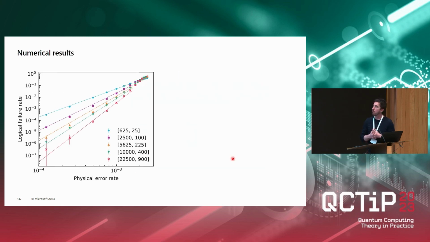And what do we get numerically? If we assume that we have some noise rate for each gate at the circuit level, we get a threshold which is 0.3% instead of 0.7% for surface code. So it's lower, but it's actually surprisingly high.